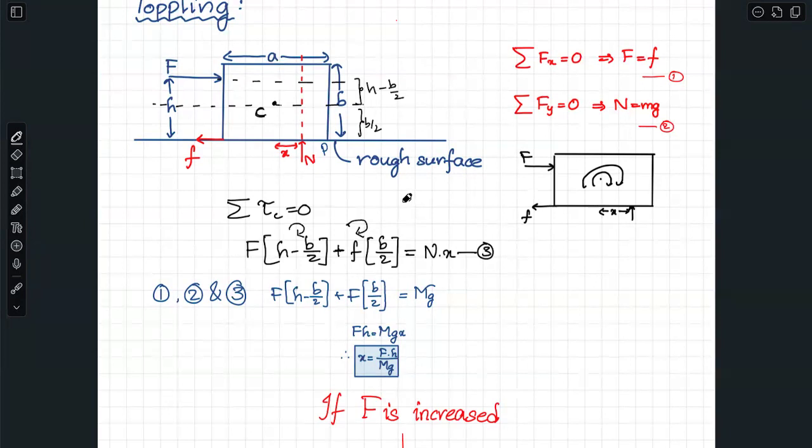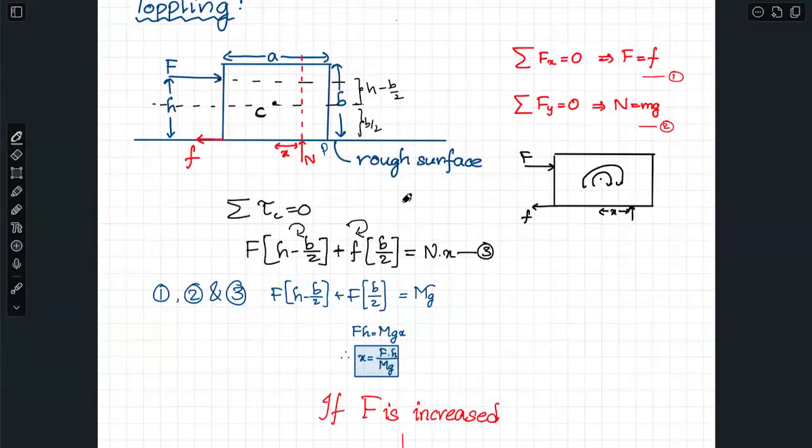Both the torques are clockwise. How does the block stay in equilibrium? Suppose the normal reaction passes through the center. Now you accepted that there are two torques about the center. Something needs to compensate this.